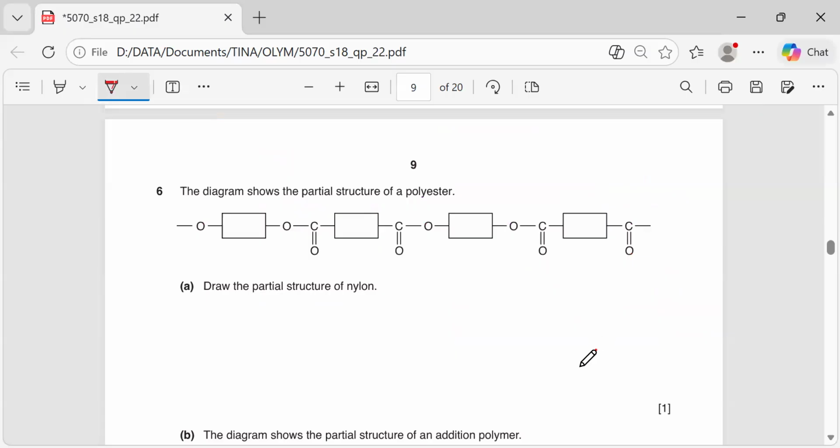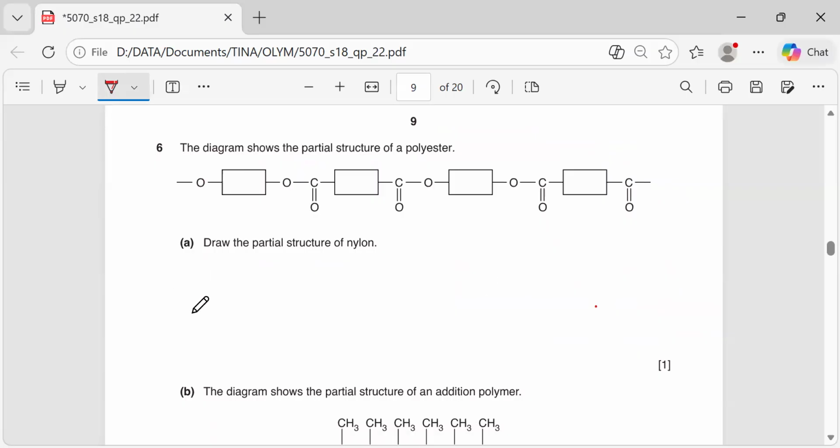Okay, the diagram shows partial structure of polyester. Draw the partial structure of nylon. Nylon is a polyamide. They want you to draw this.